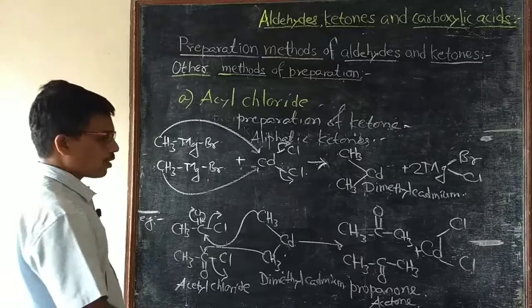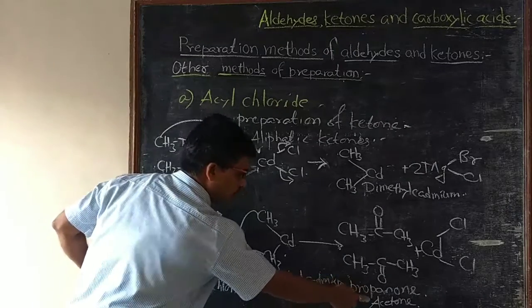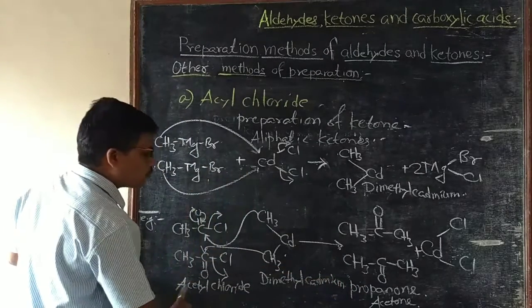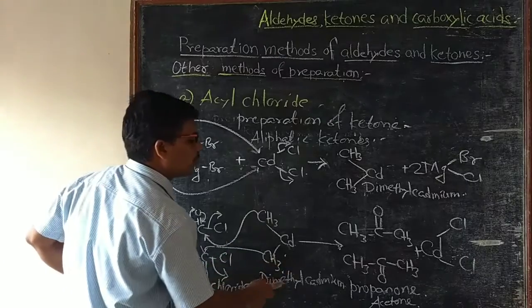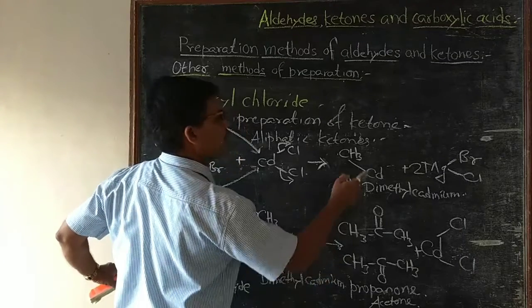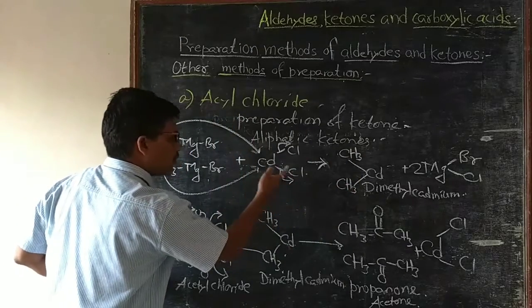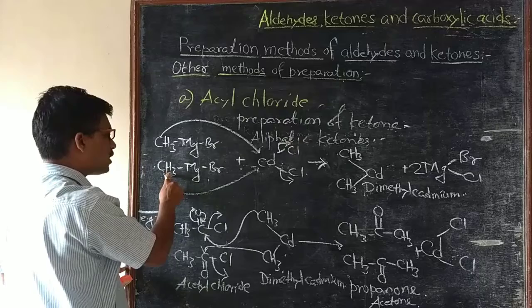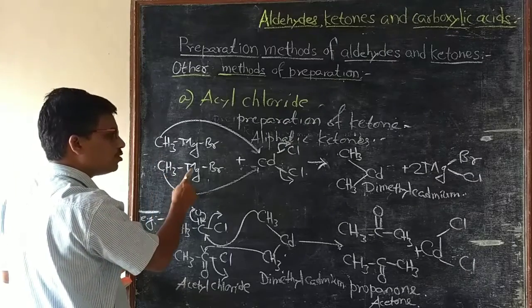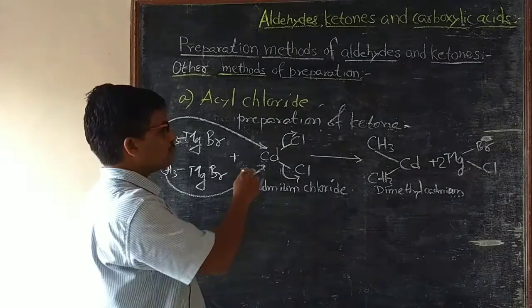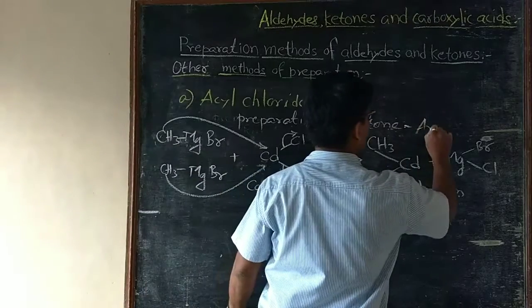In this way, acetone, that is propanone, is prepared from acetyl chloride by reaction with dimethyl cadmium. Then this dimethyl cadmium is prepared from cadmium chloride by reaction with Grignard's reagent, that is CH3MgBr.